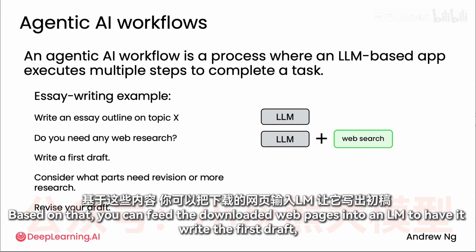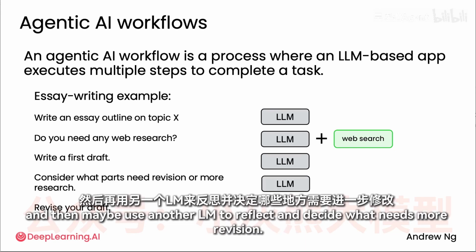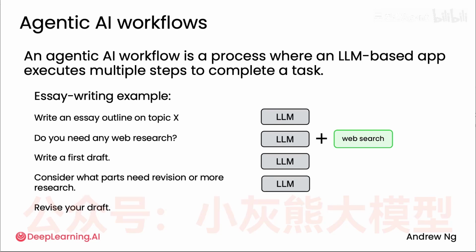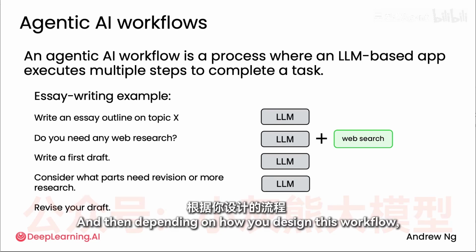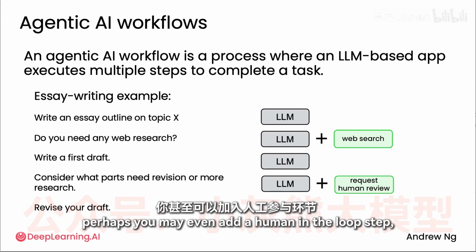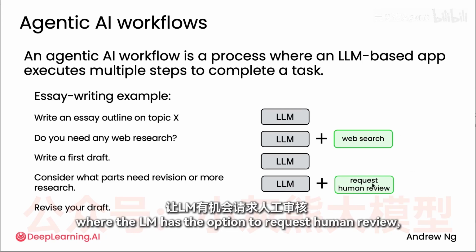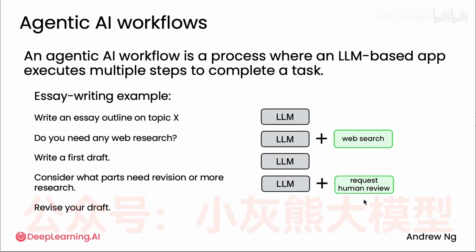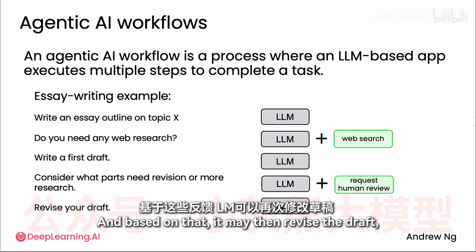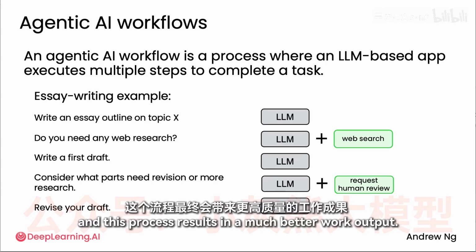Based on that, you can feed the downloaded web pages into an LLM to have it write the first draft, and then maybe use another LLM to reflect and decide what needs more revision. And then depending on how you design this workflow, perhaps you may even add a human in the loop step where the LLM has the option to request human review, maybe of some key facts. And based on that, it may then revise the draft. And this process results in a much better work output.